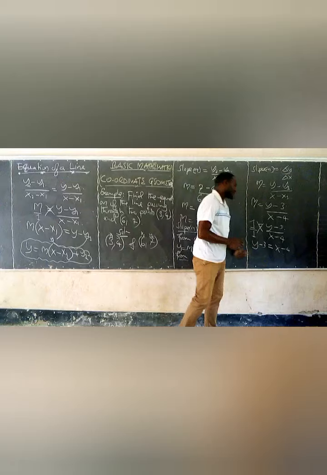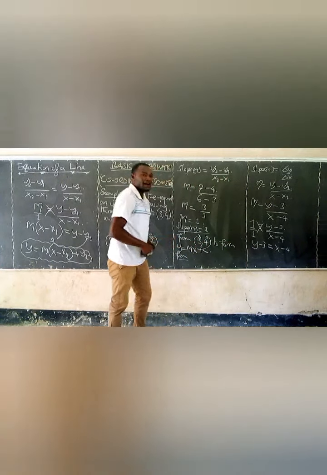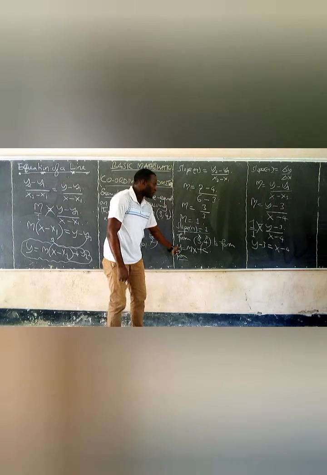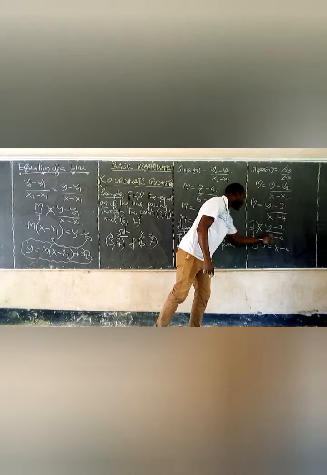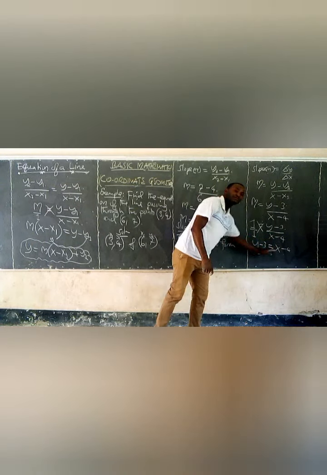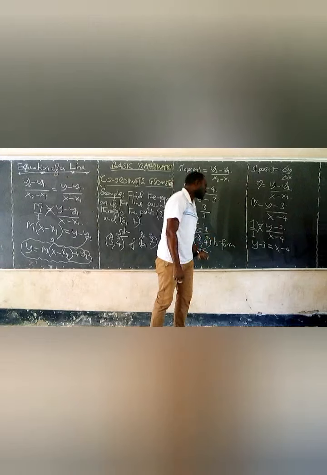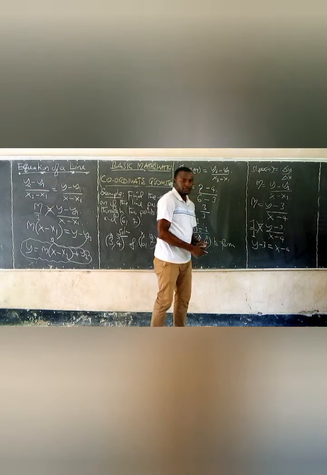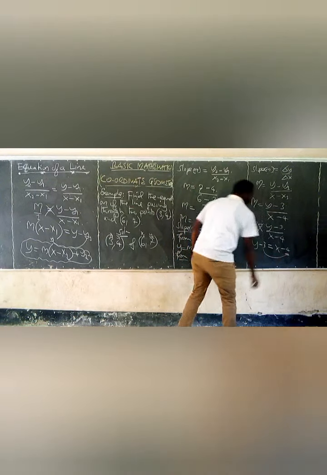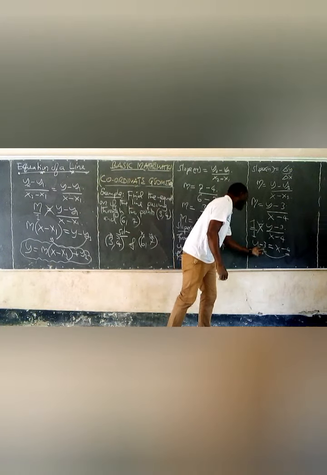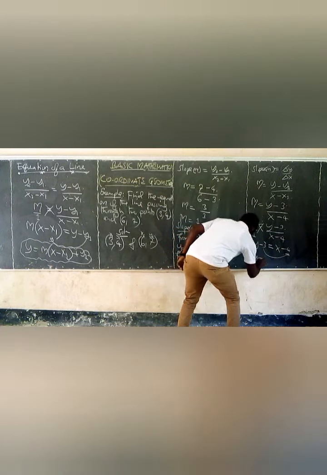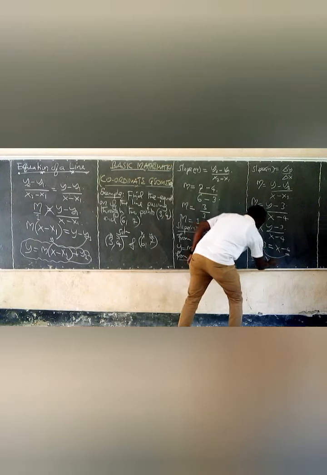Then what next? Back to our equation of the line, which starts with y. So we are going to make y the subject, which means you isolate y from this expression. We take this negative 3 and shift it to the other side.